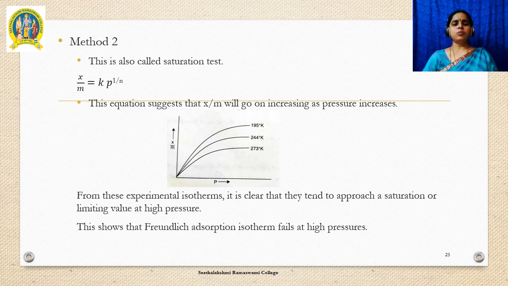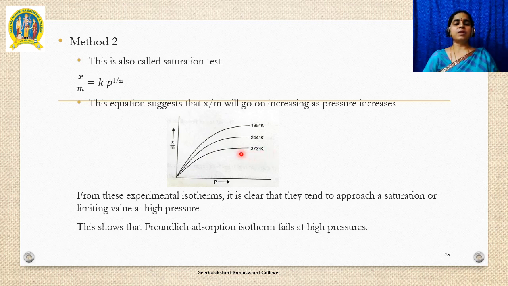Method 2 was the saturation test method, in which x/m, that is adsorption, versus pressure will give us a curve like this. As the pressure of the system increases, it reaches a saturation point. That is, adsorption reaches a saturation point and doesn't change further.